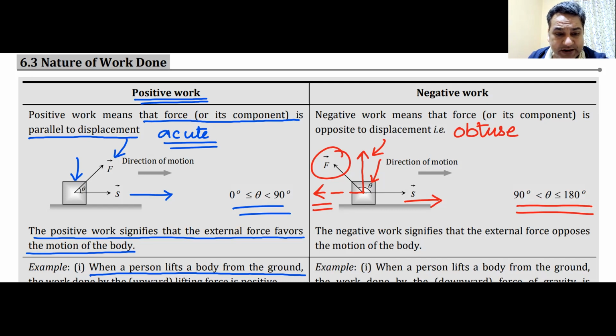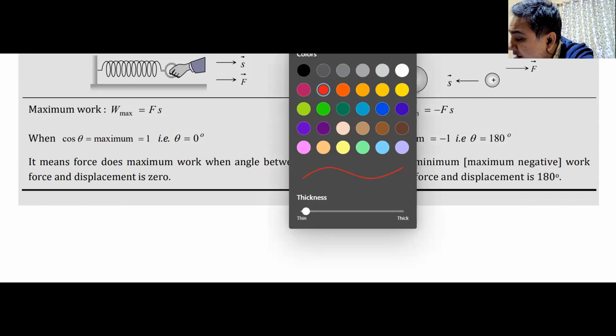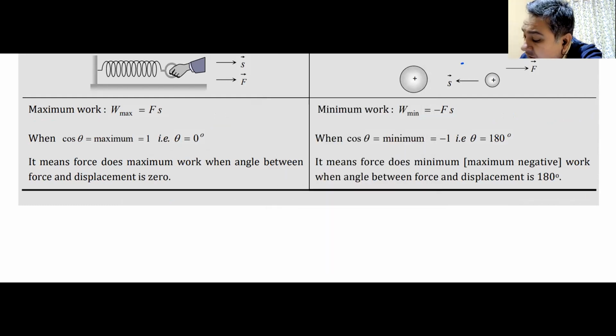Then the next point that you can see is this one. When do we have maximum work done by a force? Now, maximum work done by any force is F multiplied by delta R, where the value of cos theta is maximum.